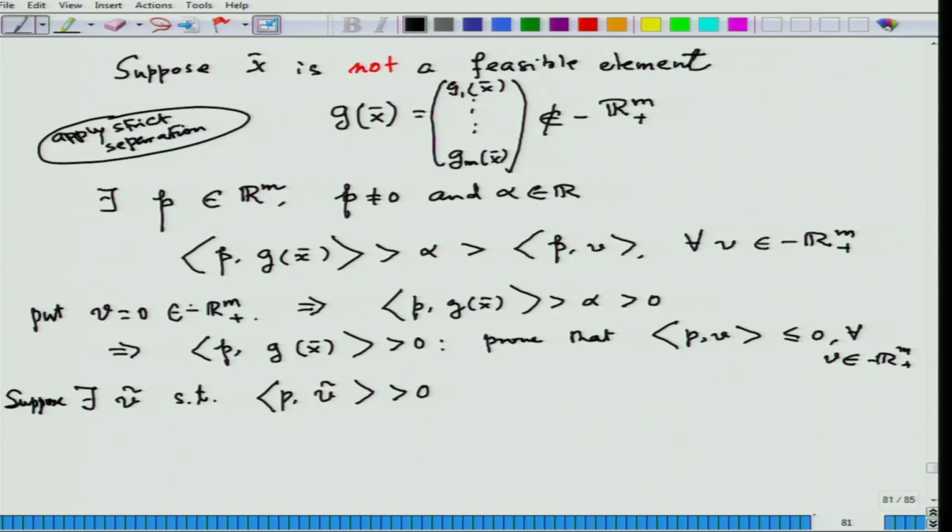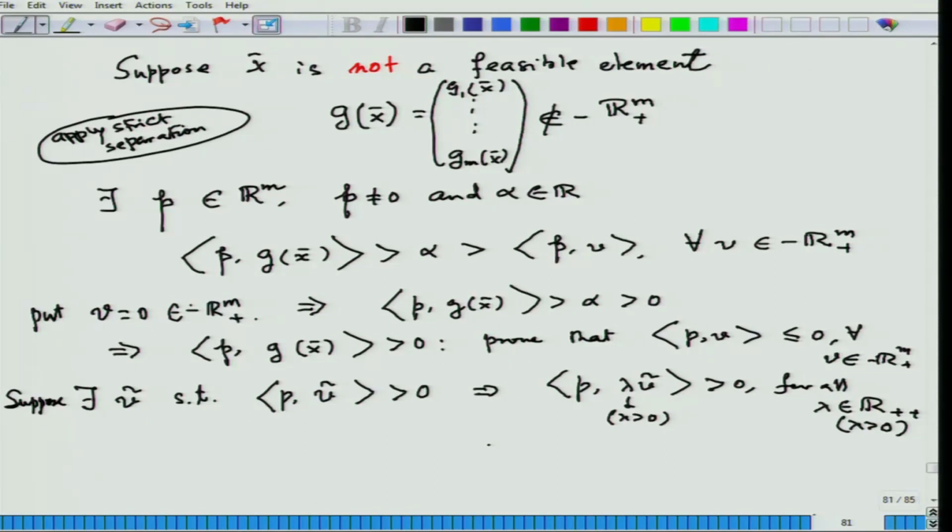Then this implies P of lambda v tilde is strictly bigger than 0 for all lambda strictly bigger than 0. As you take any lambda strictly bigger than 0, this will be true of course.